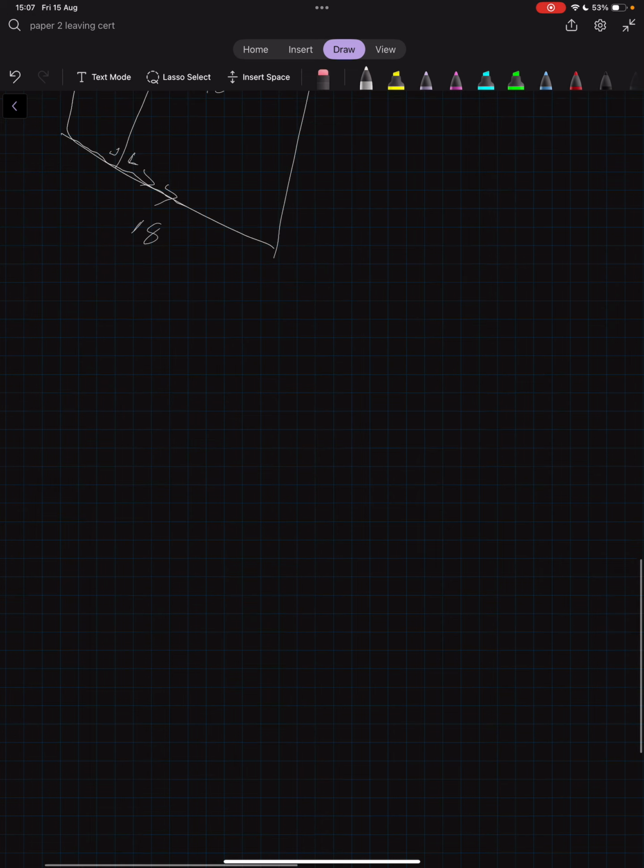That's kind of it. So I'll do one more. Yeah, this one's actually kind of hard. So you have these two lines, you have these two lines. They're parallel.